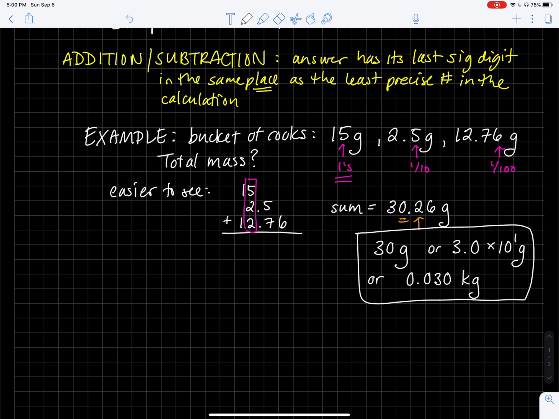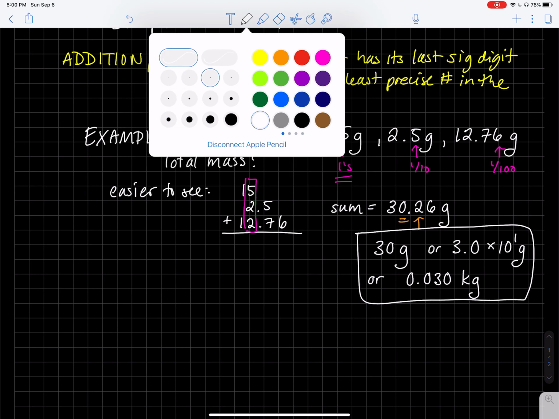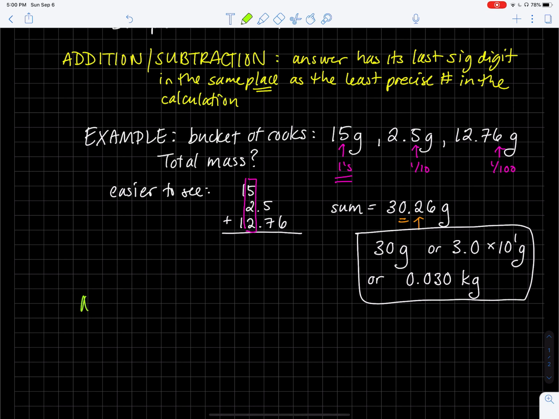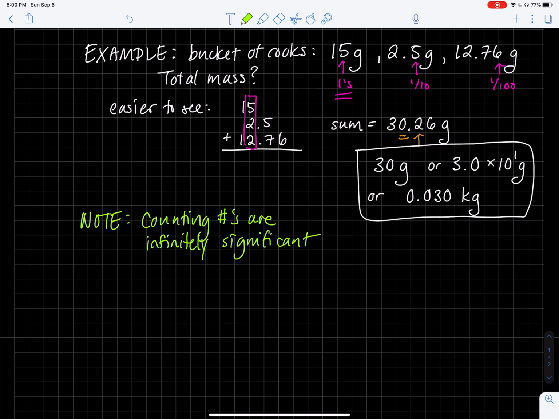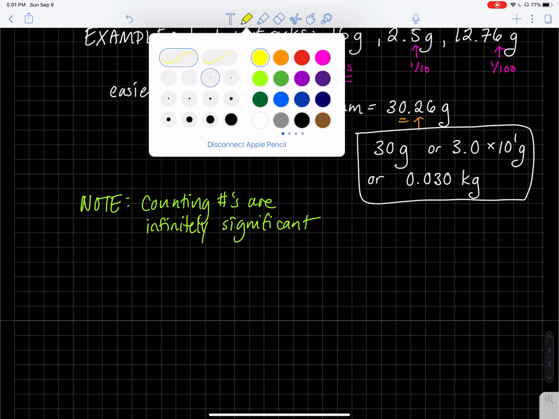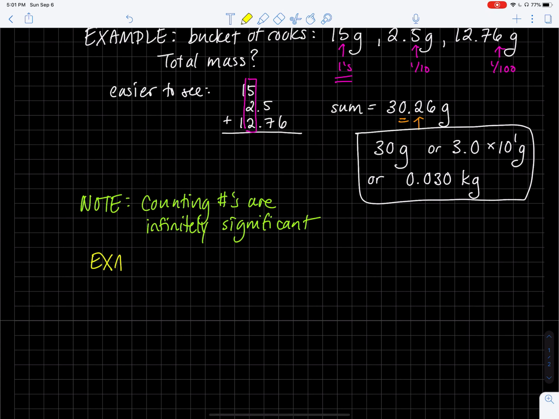All right, I want to end with one final note about sig figs, which is that counting numbers are infinitely significant. To make the point, I'm going to do another example.